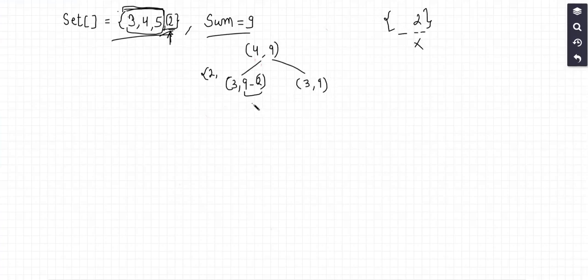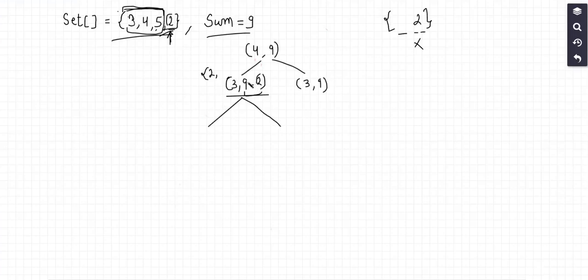Now again here I have a set which contains 2, and now I'm standing at integer number 3, and again I have 2 options because the target sum that now I want to generate is 7 here.